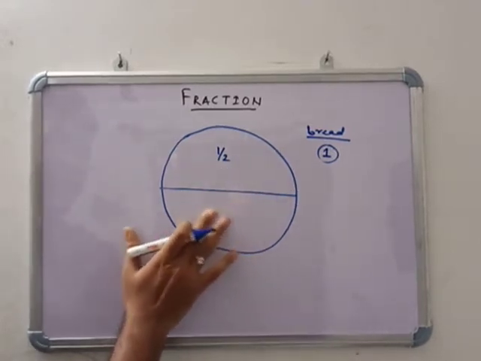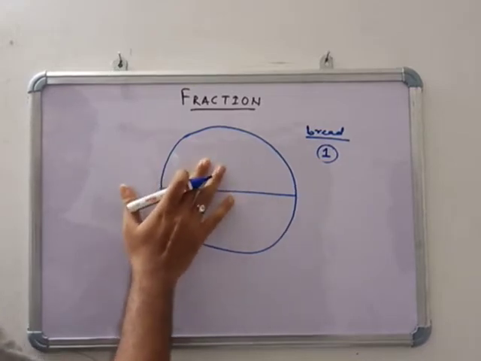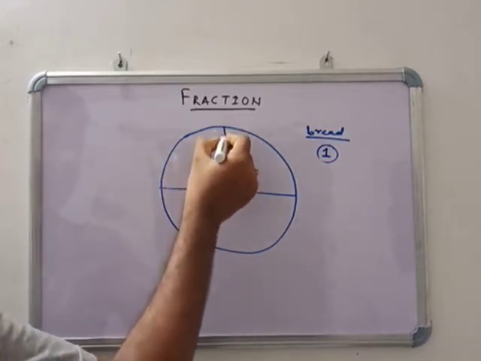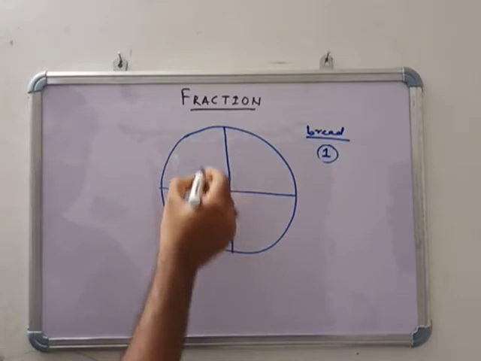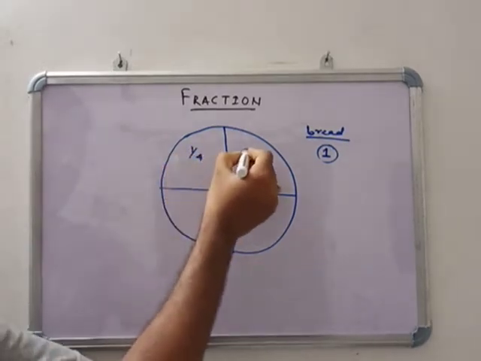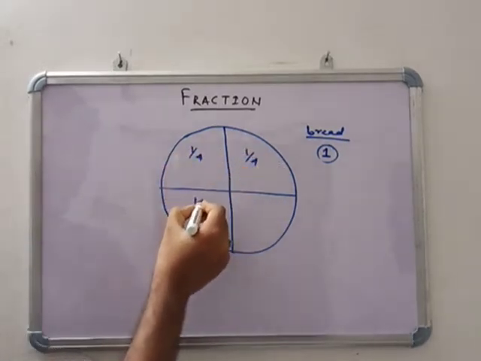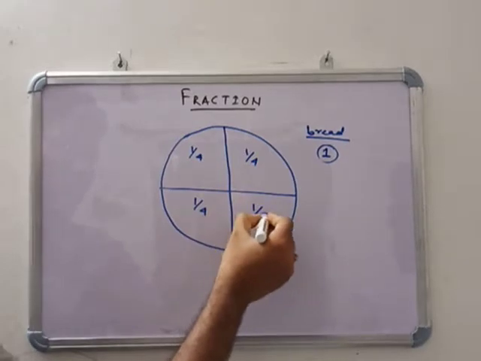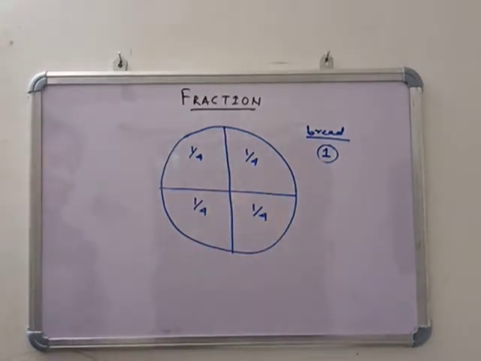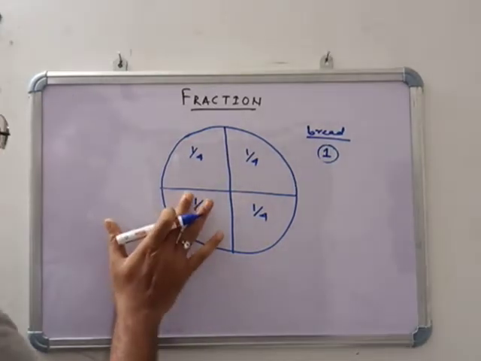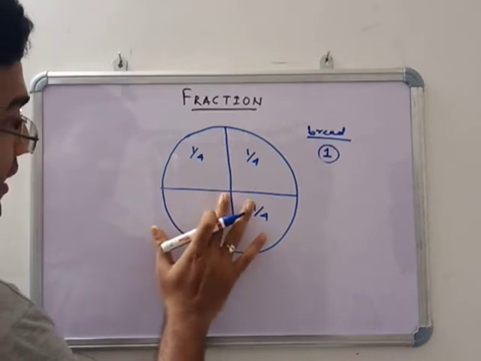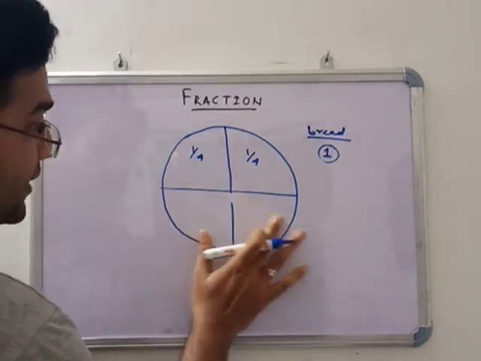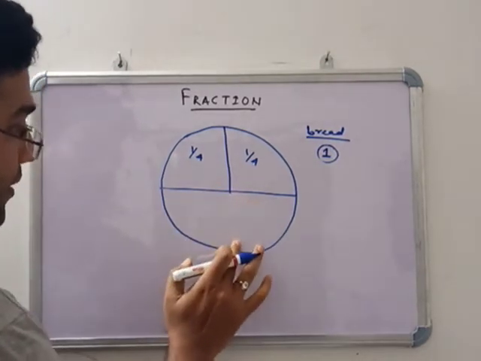Now, if we divide into 4 equal parts, see that, this is 1/4, 1/4, 1/4 and 1/4. So all are 1/4 here. Now if you divide into 6 equal parts, then you can divide like this. See that?